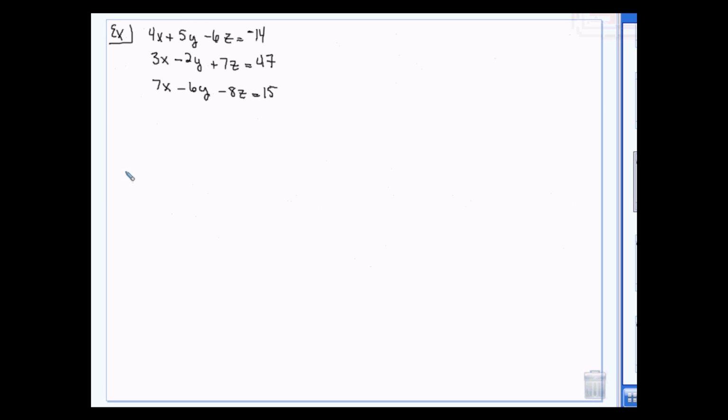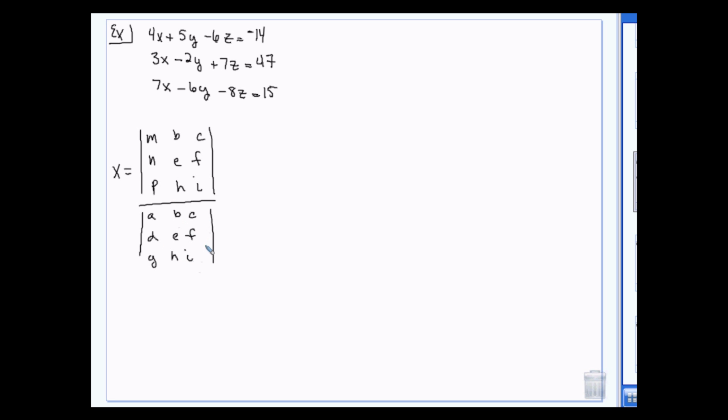So to find X, I'm going to go ahead and rewrite the formula. B, C, D, E, F, G, H, I. That's the long version. So I'm going to have negative 14, 47, 15.